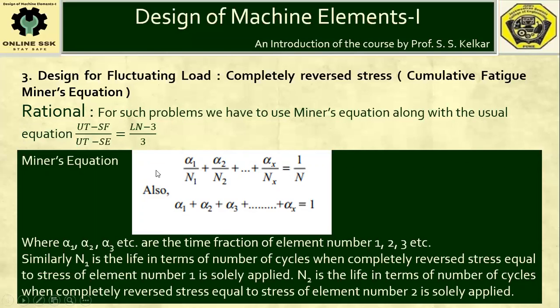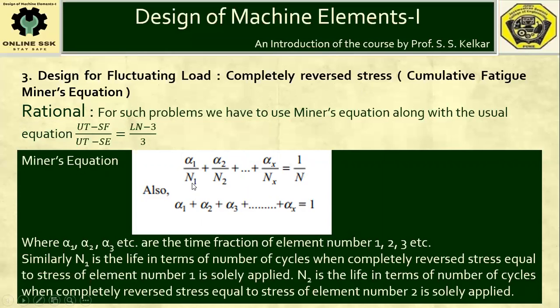And secondly, this equation will also be true, wherein alpha 1 upon n1 plus alpha 2 upon n2 plus alpha 3 upon n3 will be equal to 1 upon n, where n represents the actual expected life of the machine part, which is subjected to completely reverse stress of varying nature.